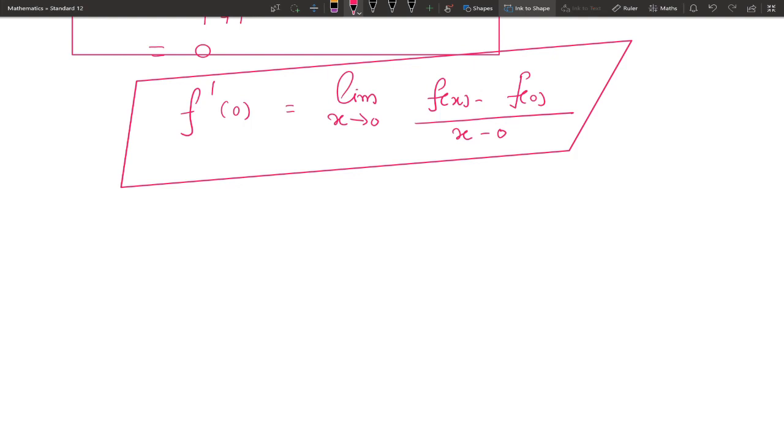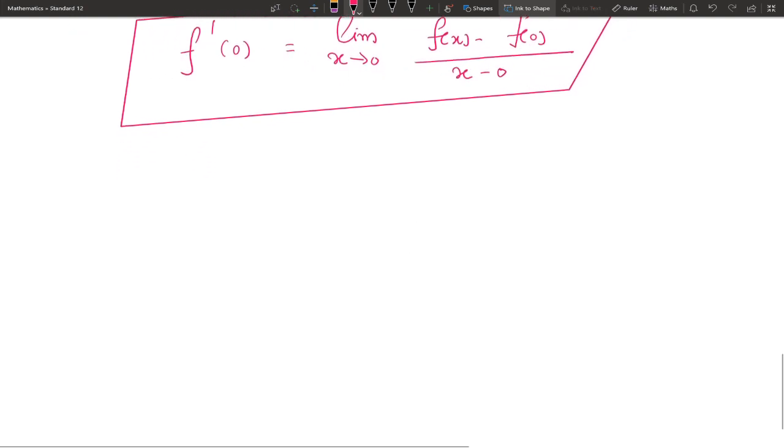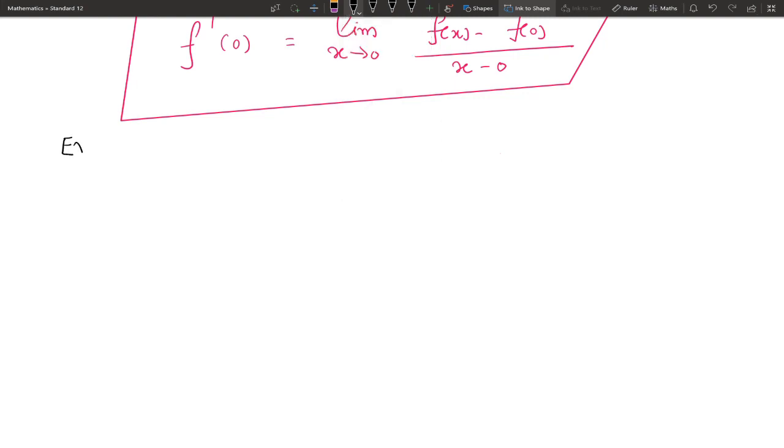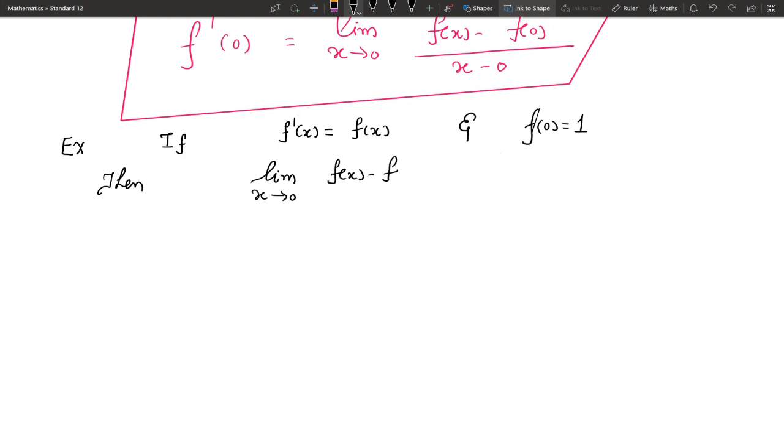For example, if f prime x equal to f of x and f of 0 equal to 1, then limit x tends to 0 f of x minus f of 0 upon x minus 0.